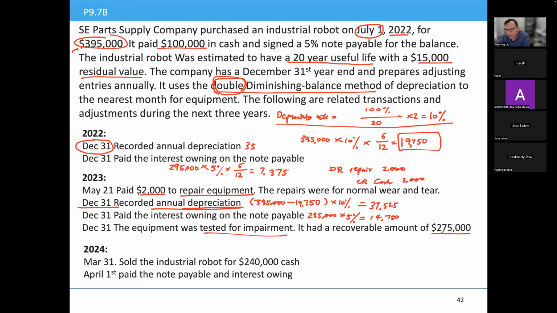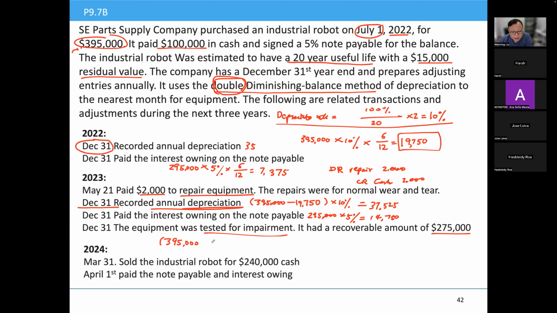We know the recoverable amount is 275,000. So the question is, I need to compare the carrying amount versus the recoverable amount, right? So what is the carrying amount as of December 31st, 2023? Initially, your cost is 395,000.